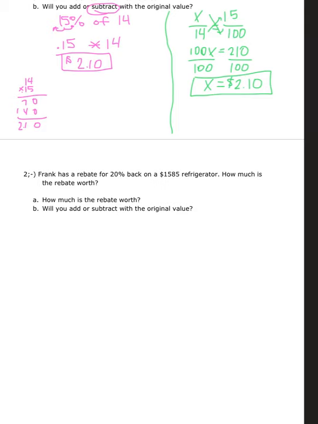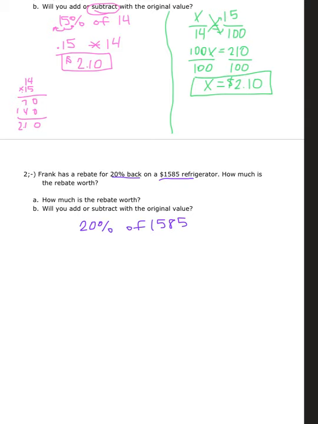Example number 2. Frank has a rebate for 20% back on a $1,585 refrigerator. How much is the rebate worth? So on this one, we want to figure out what is 20% of the $1,585.